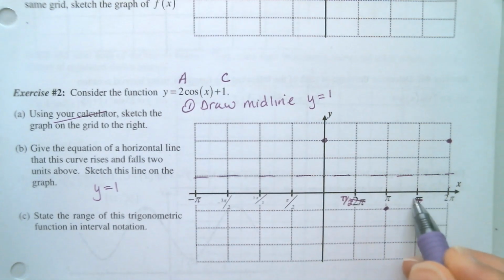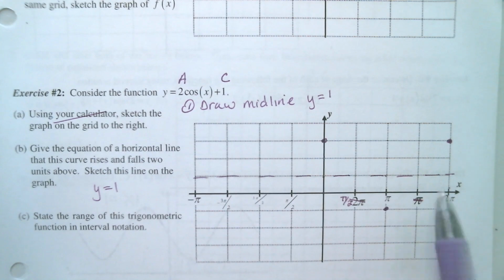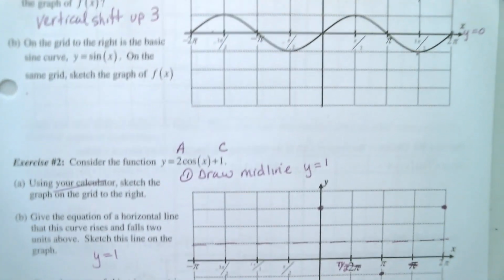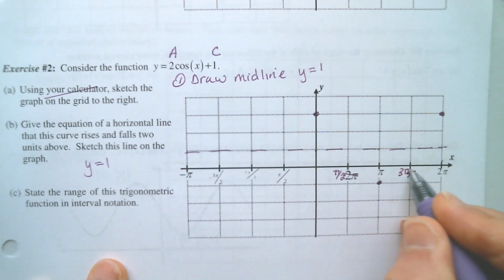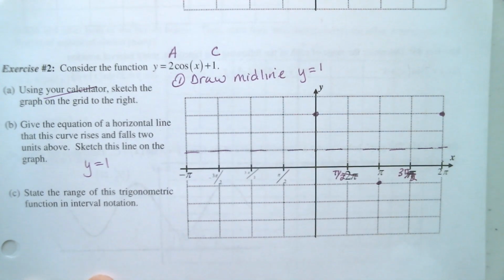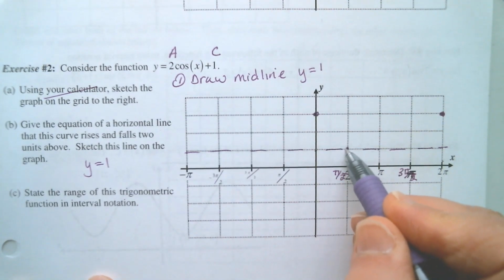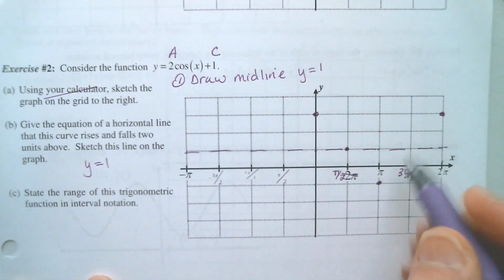And this is 3 pi over 2, the same as above. Right? It's 3 pi over 2. That threw me off there. Okay, so where was I? Oh, so now at pi over 2, it's going to cross our midline, and at 3 pi over 2.